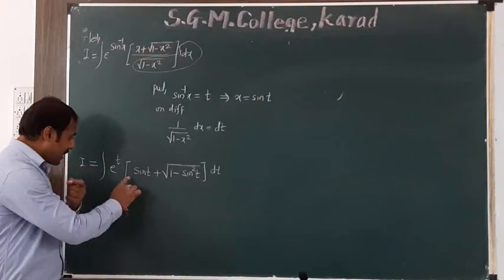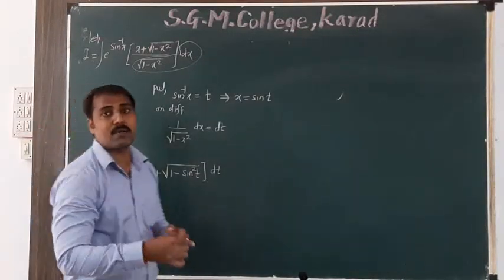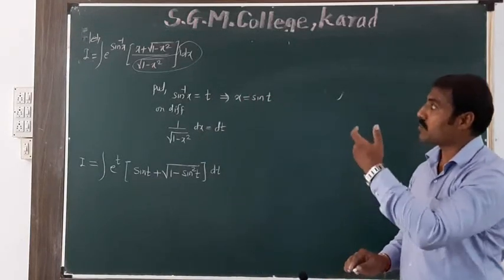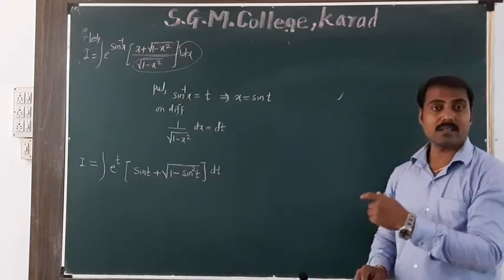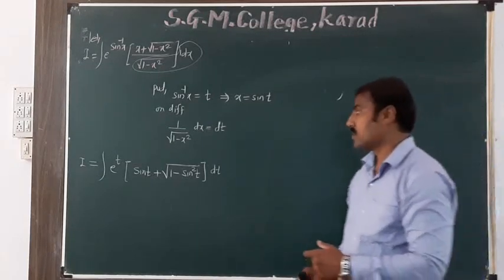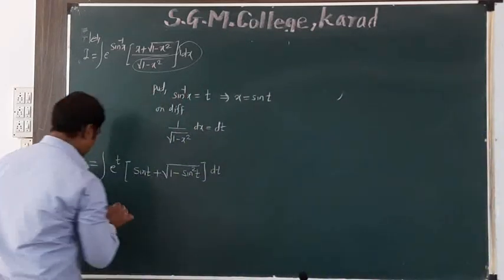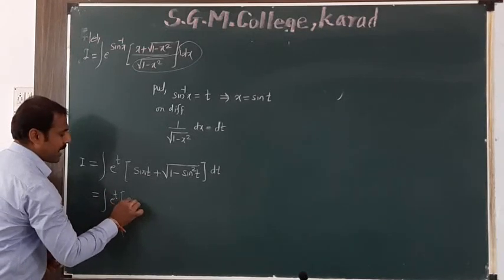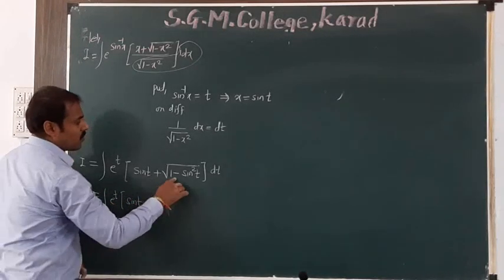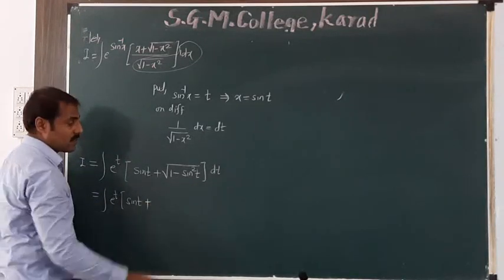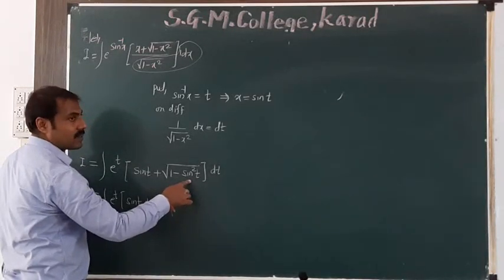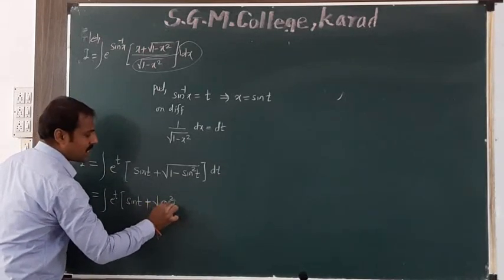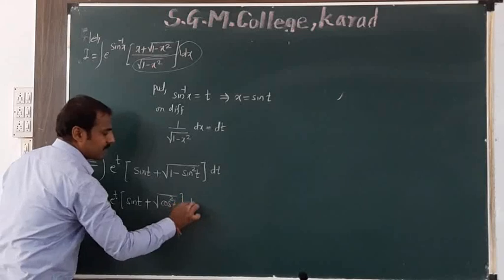So our example comes in new variable t. All the variables in the above example, that is x, are converted in terms of t. So simplification is there, which is equal to e raised to t into sin t plus square root of 1 minus sin square t, that is cos square t, dt.